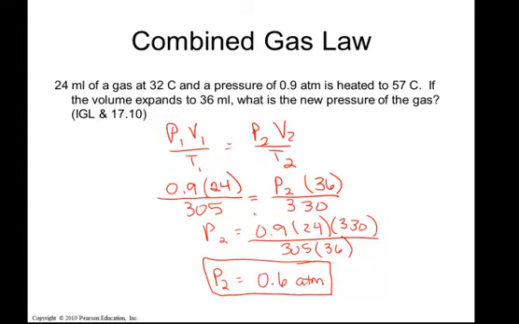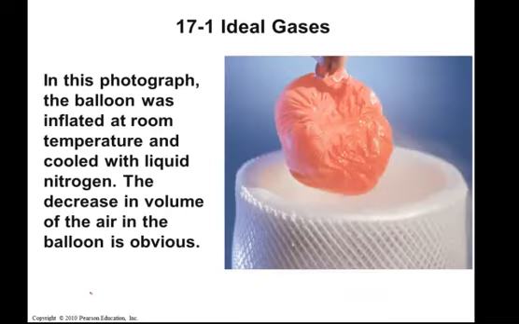And I have one significant figure because 0.9 only had one. So one thing to remember, temperatures have to be in Kelvin, otherwise this won't work. And that's the case for any of those relationships. If pressure is constant, anytime you have temperature, it's going to have to be in Kelvin.